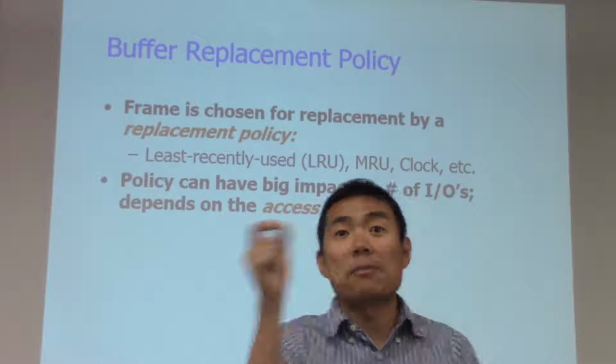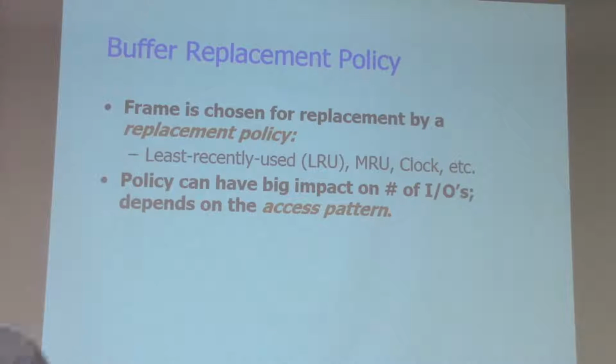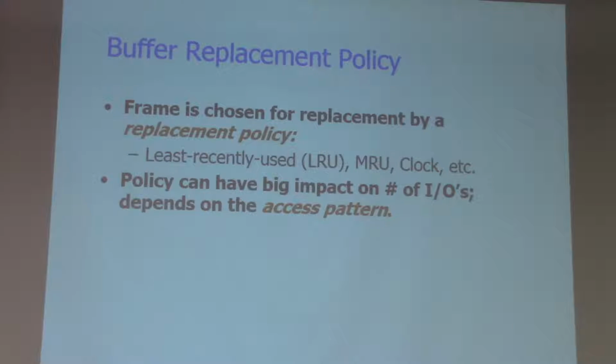So you maintain a timer for each buffer frame you have in your buffer, and the timer records the last time this buffer frame has been accessed by any thread. Then when I come to a buffer replacement decision, among the unpinned pages, I choose the one that is least recently used.